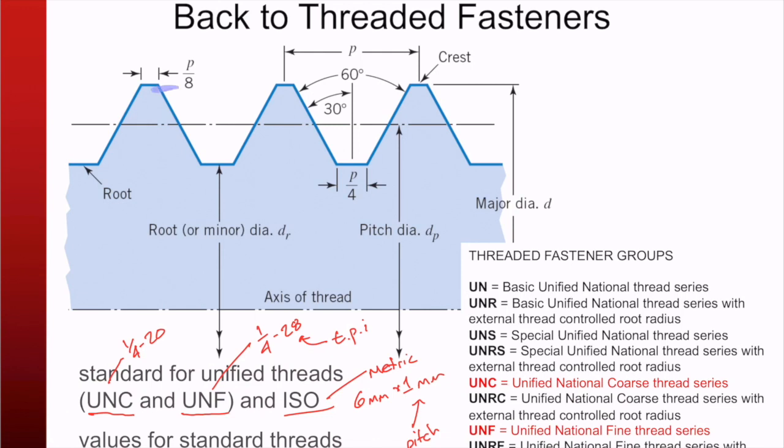We can't use this area because that would be too big. We can't use that area, because that would be too small. So we're going to use something somewhere in here to get the tensile stress area.